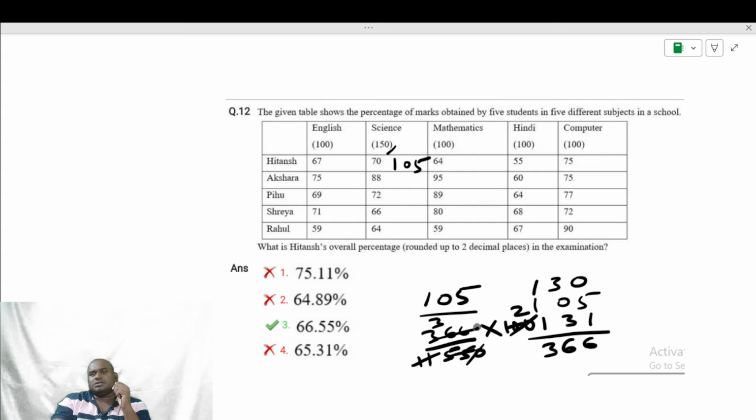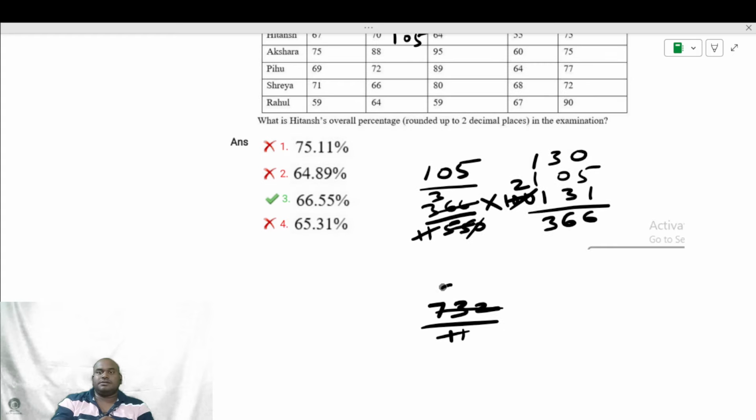So 366 into 2, how much? 366 into 2 is 360 twice 120, 30. So 66 point something, so only one option.